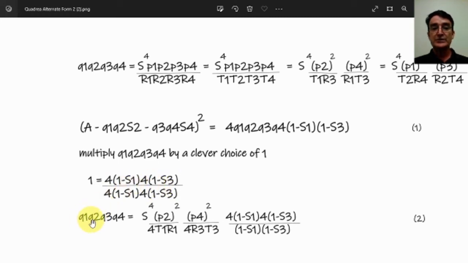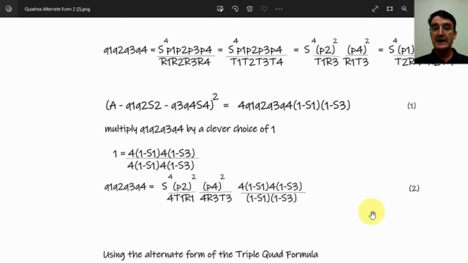When we do that, we get S to the power 4 times P2 squared times P4 squared divided by 4 times T1 R1 times 4 times R3 T3, all times this value of 1, where we brought the 4's down here, times 4 times 1 minus S1 times 4 times 1 minus S3 divided by 1 minus S1 times 1 minus S3. And that's equation 2.